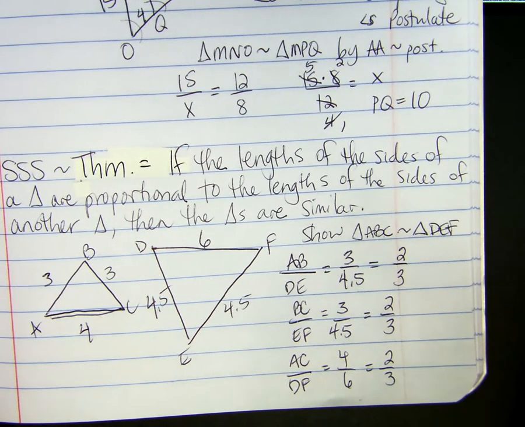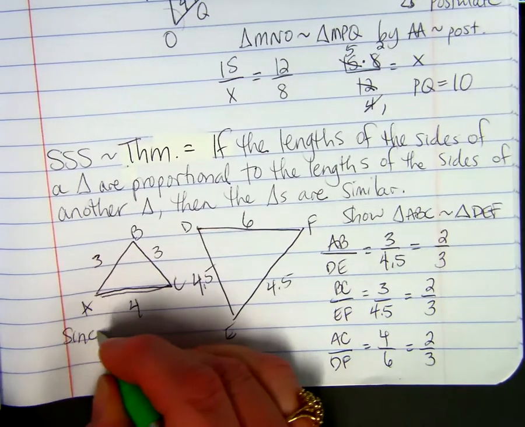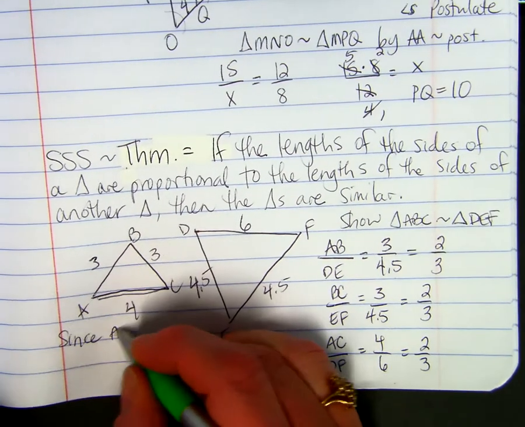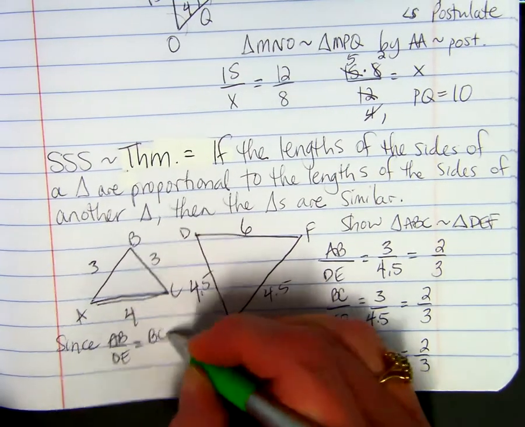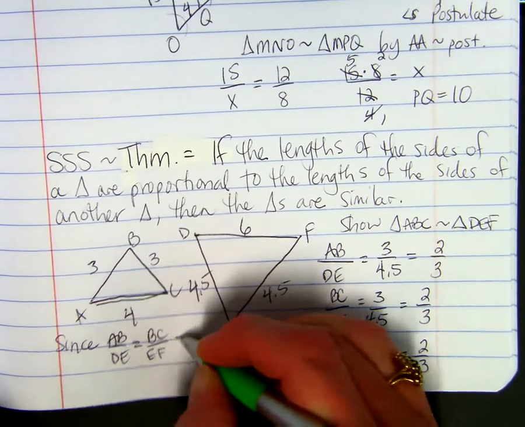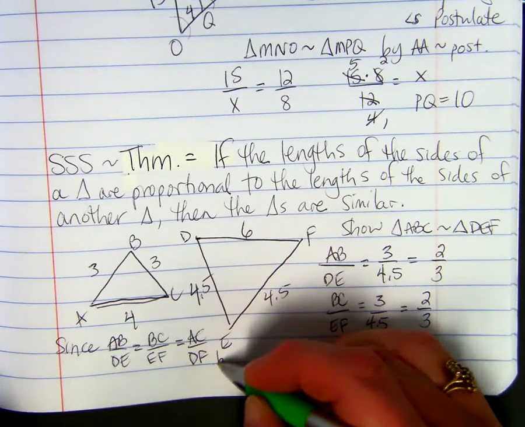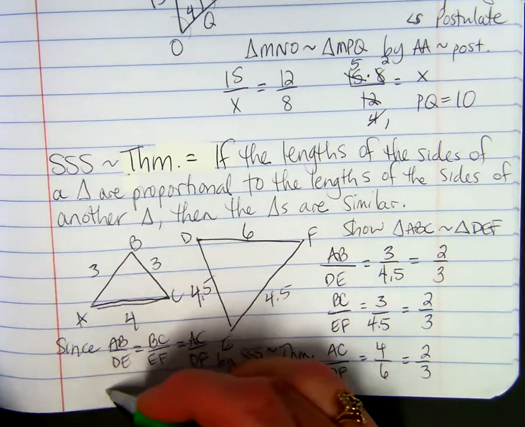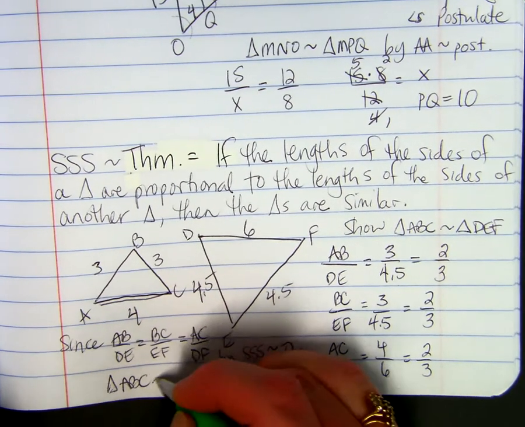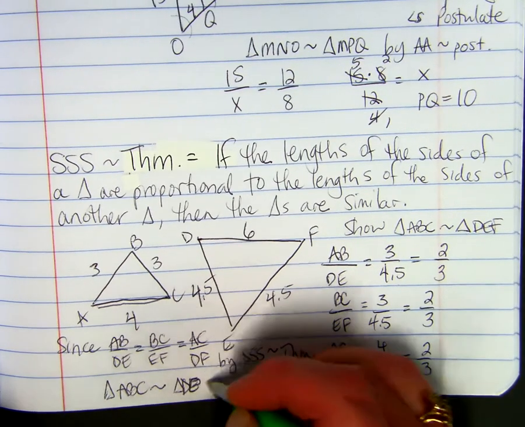So since AB to DE equals BC to EF equals AC to DF, by the SSS similarity theorem, the triangles are similar.